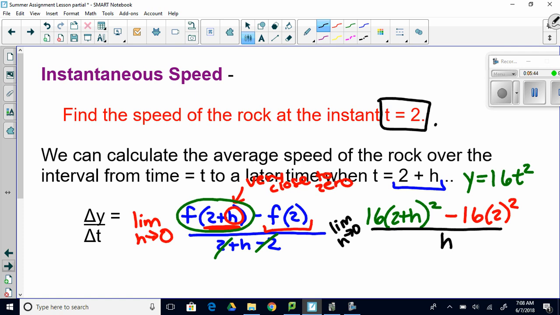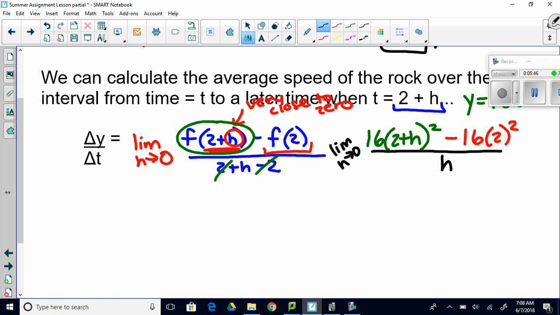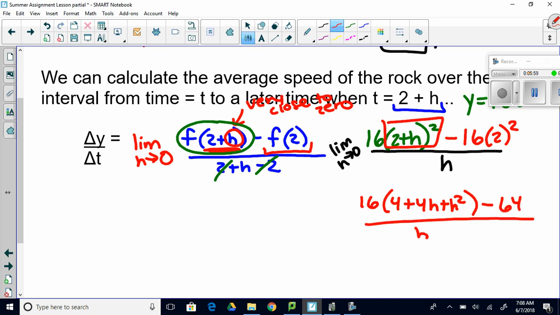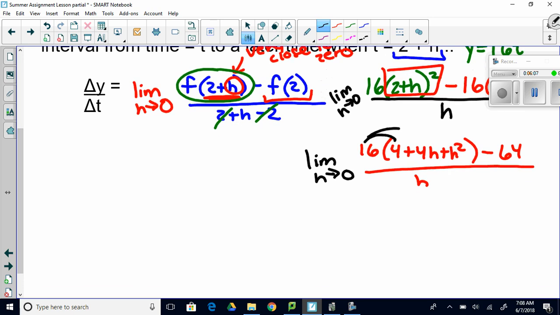So now I just have to clean this up. I know that 2 plus h squared is really that FOILed, so it's really 4 plus 4h plus h squared, minus, we already know that's 64. We figured that out last problem. And so it's the limit as h approaches 0. So then here we go. We're going to distribute that.